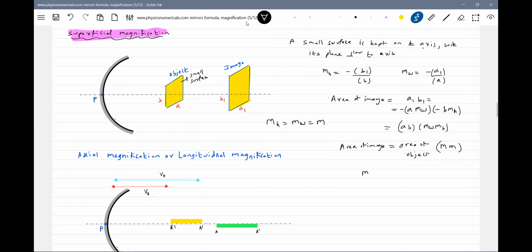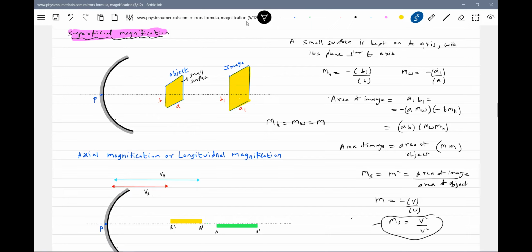So this superficial magnification, we'll write it MS. MS should become equal to M square, which is equal to area of image by area of object. We know linear magnification M should be equal to minus V by U. So therefore, this will become V square by U square.